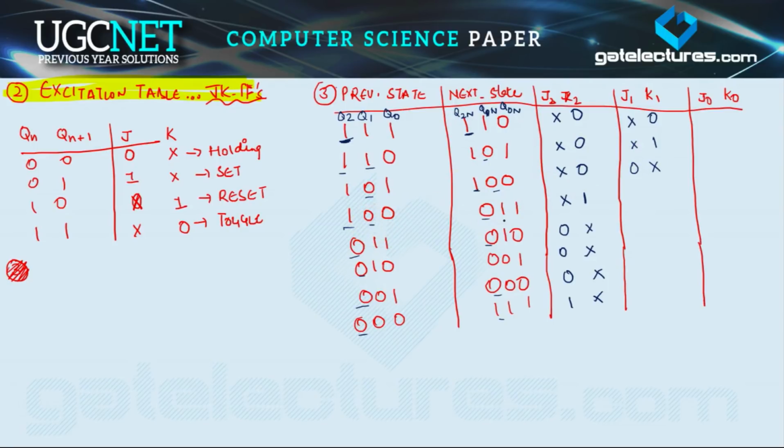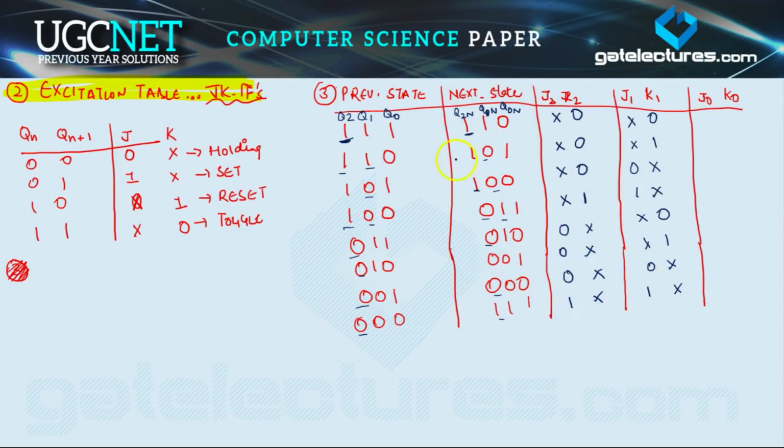Now 0 and 1 is set, so 1, don't care. Now 1 and 1 means toggle, so this is don't care and 0. Again 1 and 0 means reset, so don't care and 1. 0 and 0 is holding, so 0 and don't care. And 0 and 1 is set, so 1 and don't care.